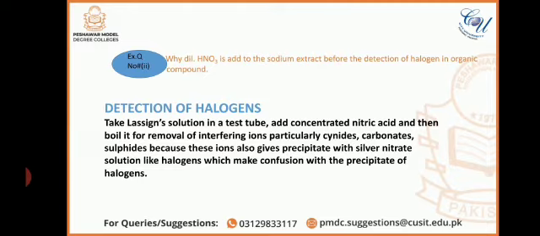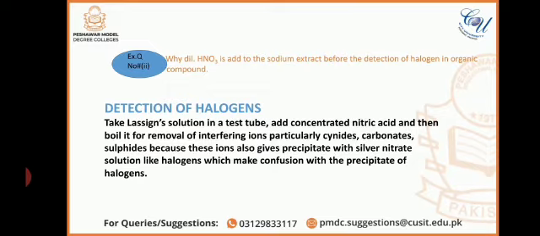There is a short question and exercise. Short question number 2. Why is diluted nitric acid added to a sodium extract before the detection of halogens in organic compounds?